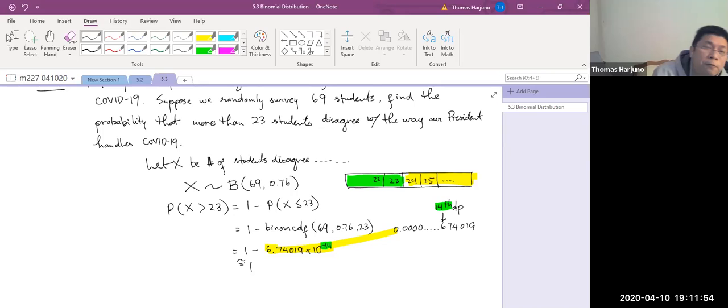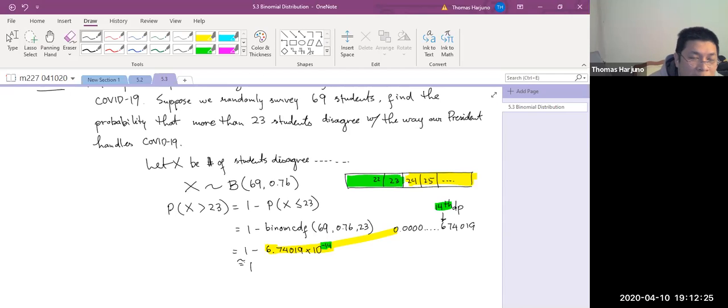So if somebody asks you to bet, to gamble, okay, Thomas, there are 69 students in a classroom. We know that 76% of our population, including these students here, disagree with the way our president handled COVID-19. What is the probability that more than 23 of these 69 students actually disagree with the president?